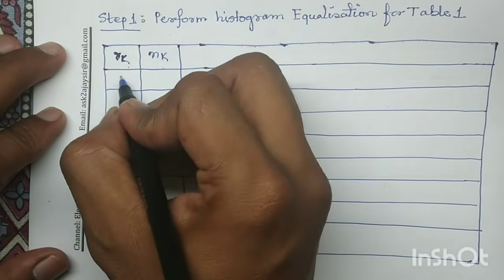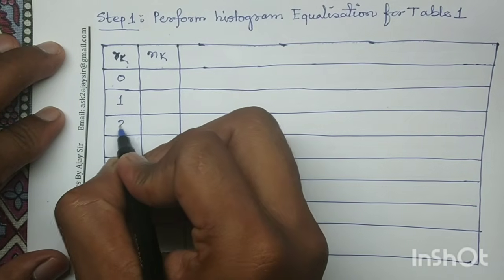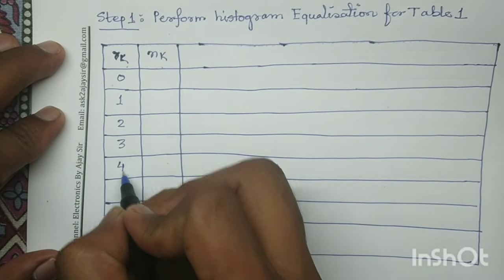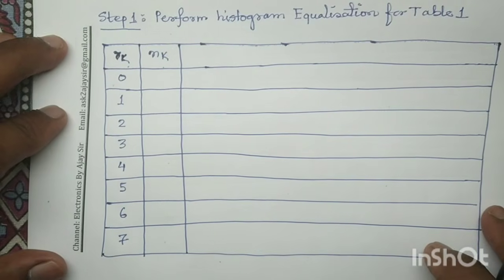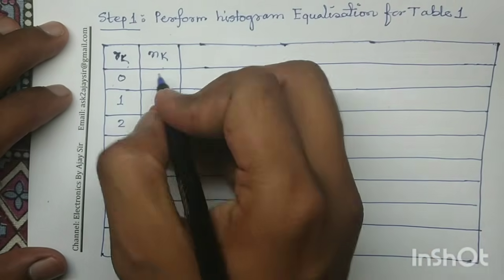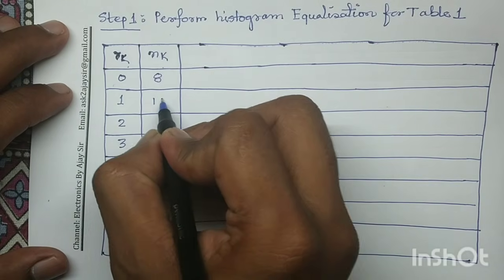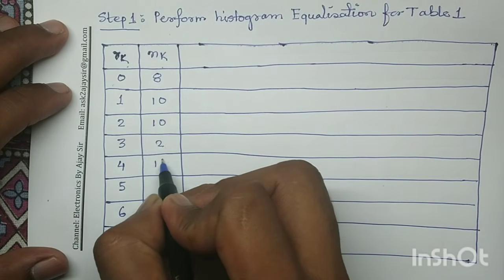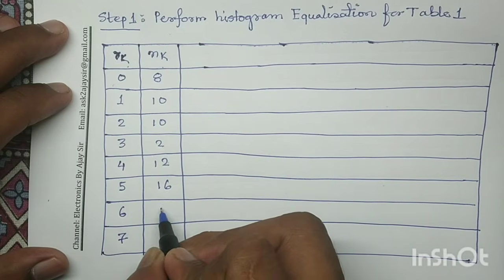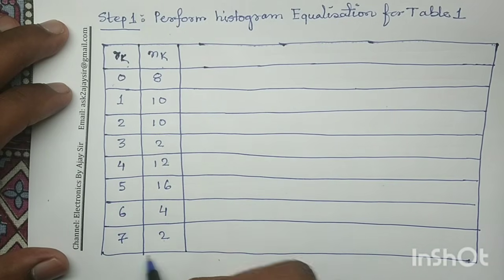So as per the given question, rk varies from 0 to 7, and the corresponding numbers of occurrence are 8, 10, 10, 2, 12, 16, 4 and 2.